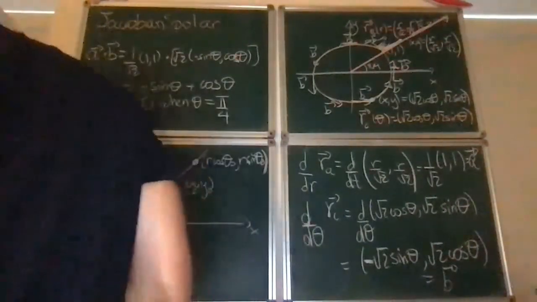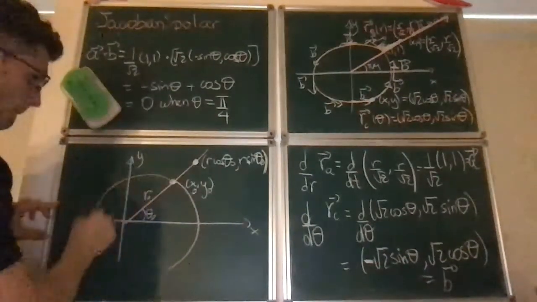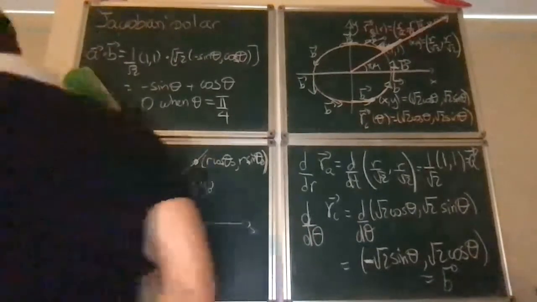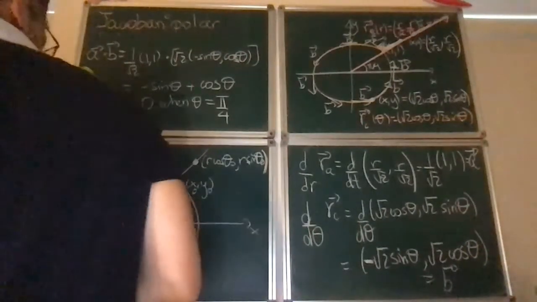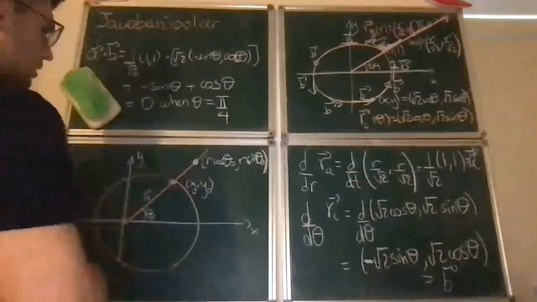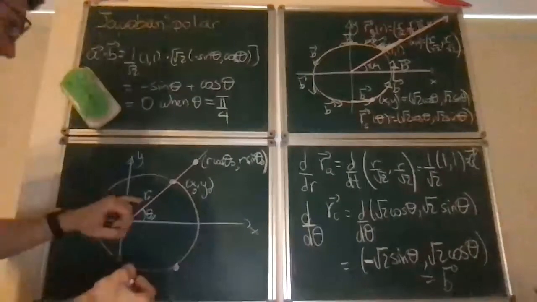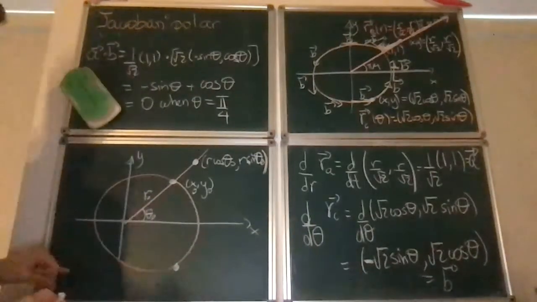And for any other point of this curve, now they are with constant radius, so theta is the one that's changing, right?